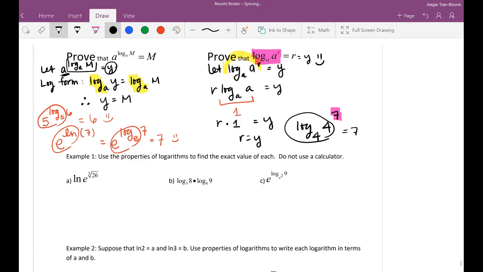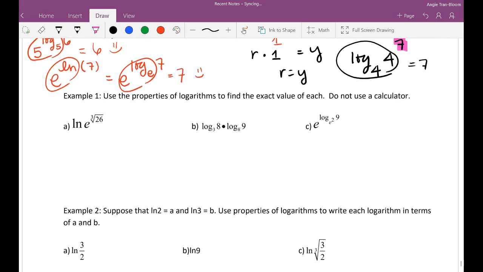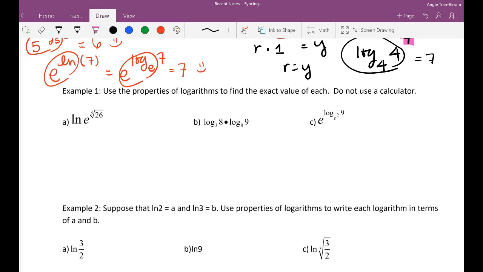Okay, let's do example 1. Use the properties of logarithms to find the exact value of each. And no, you may not use a calculator. It said so. So, ln of e to the power of the 3rd root of 26. Wow, that looks scary. But ln of e is always 1.